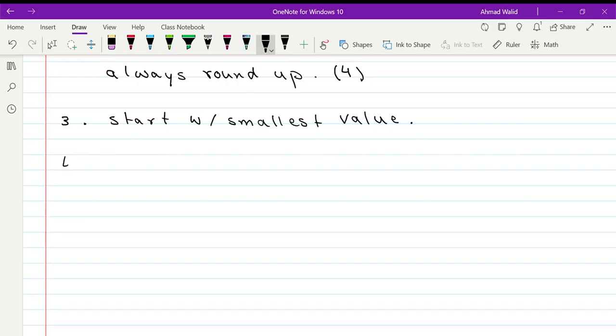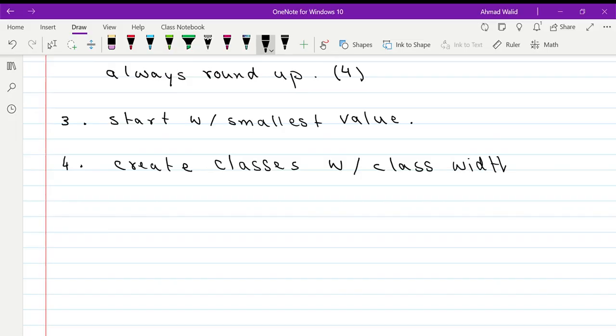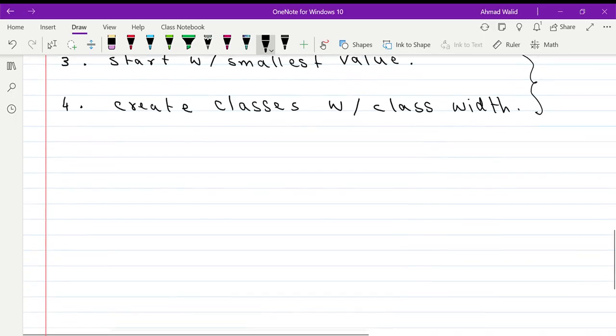Step 4, create classes with class width. Now, I'll show you step 3 and 4 here, correct? Let's actually start with the table.